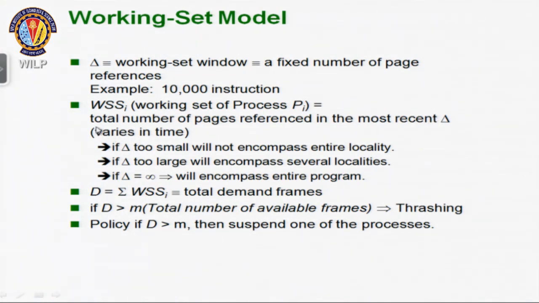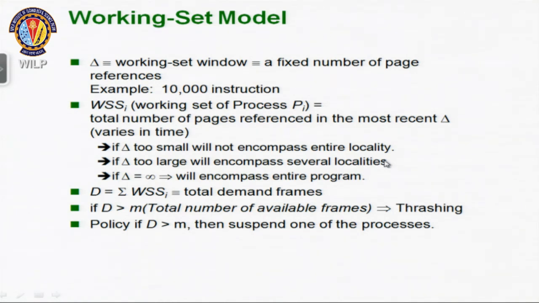WSSi is the total number of pages referenced in the most recent delta, the working set window. This will be very clear once I explain it with an example. If delta is too small, it will not encompass a complete locality.